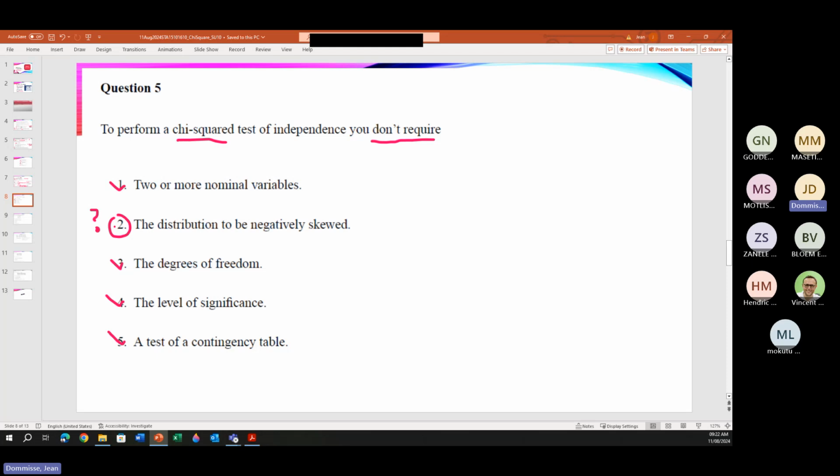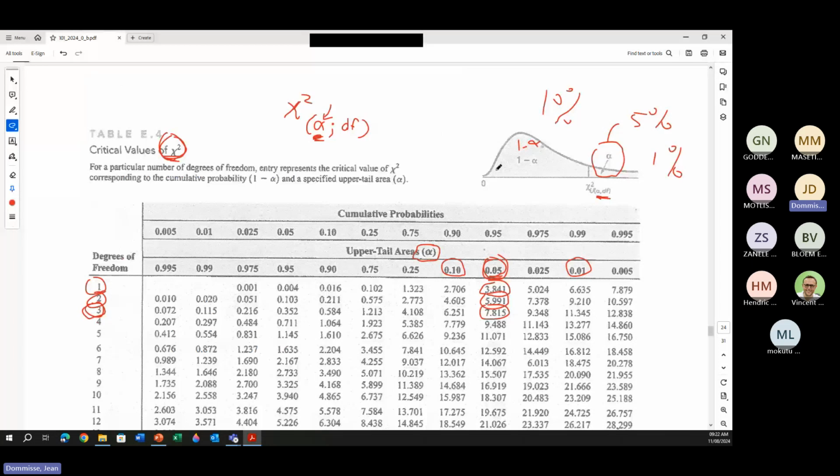Your distribution does not need to be negatively skewed, and I think that is important. The specific reason why they did that is because when you look at that graph, it looks negatively skewed. But we can also have that graph the other way around, where that just refers to alpha, and that is 1 minus alpha, where you then have a lower tail.